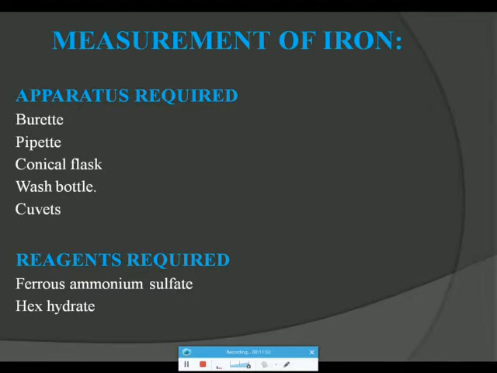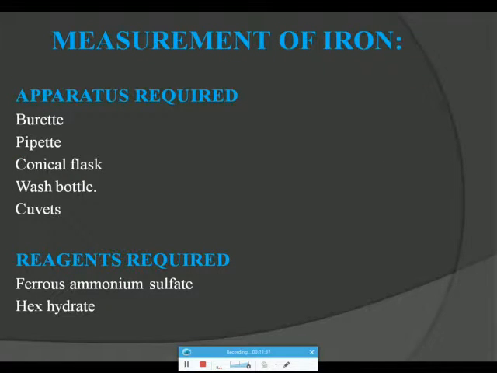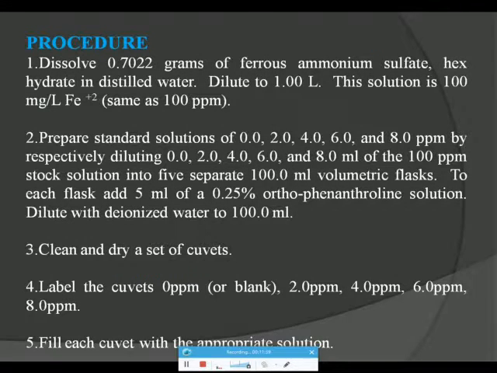Measurement of iron. Reagent required: ferrous ammonium sulfate hexahydrate. Procedure: dissolve 0.0722 grams of ferrous ammonium sulfate. Prepare standard solutions from 0 to 8 ppm respectively, diluting 0, 2, 4, 6 and 8 ml of the 100 ppm stock solution into 5 separate 100 ml volumetric flasks.